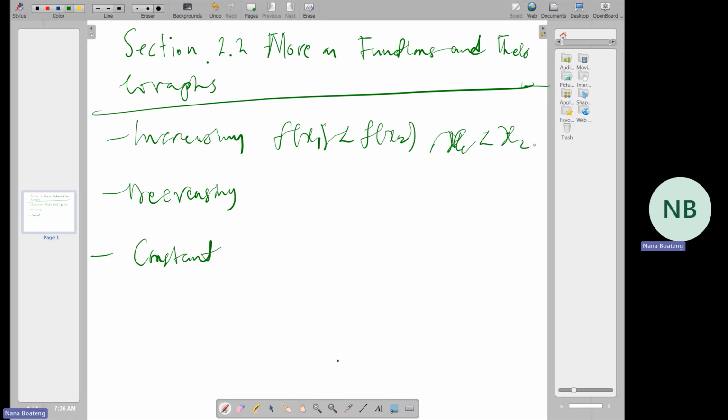I will say this function is increasing for any open interval if f of x1 is less than f of x2 whenever x1 is less than x2, then we conclude that this function is increasing.